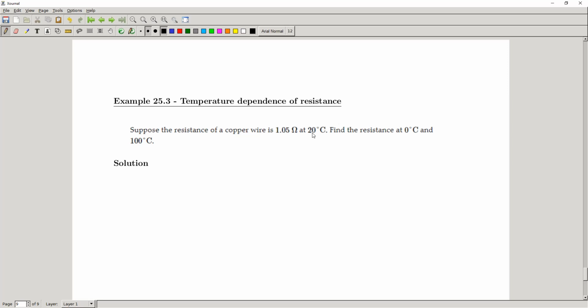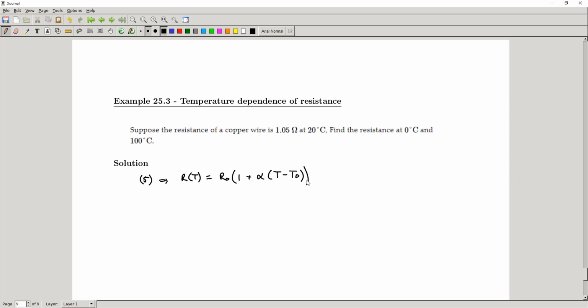This is pretty straightforward. We're going to use equation 5 from above, which I'll rewrite here. We have our resistance as a function of temperature, equal to R naught, which is our resistance at some reference temperature, times 1 plus alpha times T minus our reference temperature.